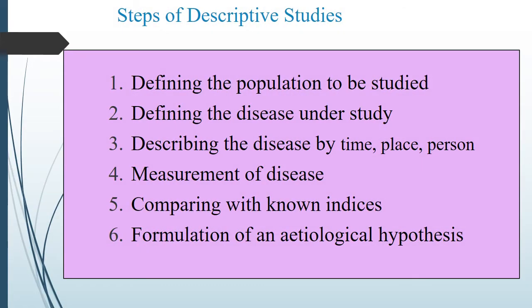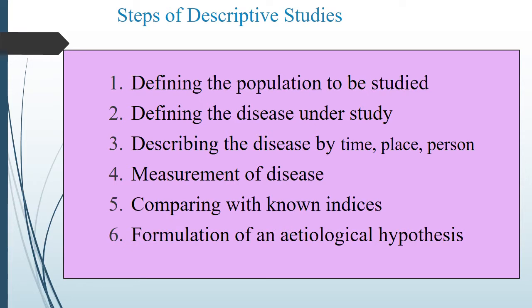Next we will see the steps of descriptive studies. So what are all the steps? Totally there are 6 steps in descriptive studies. The first one is defining the population to be studied. First we have to take the population. Then next is defining the disease under study. Then the third one is describing the disease by time, place and person.